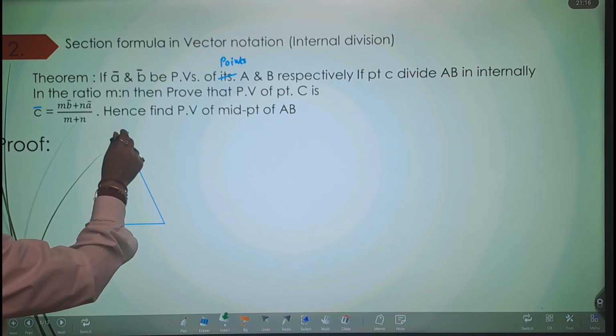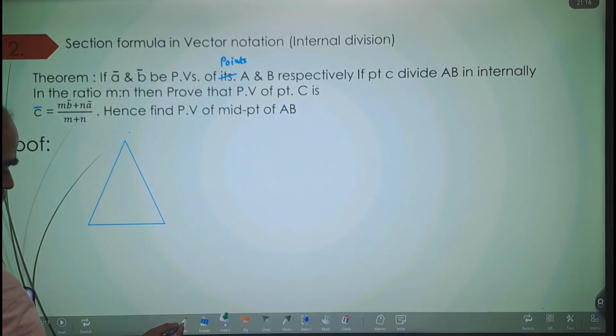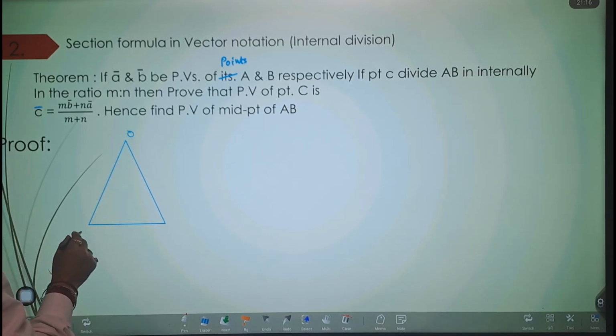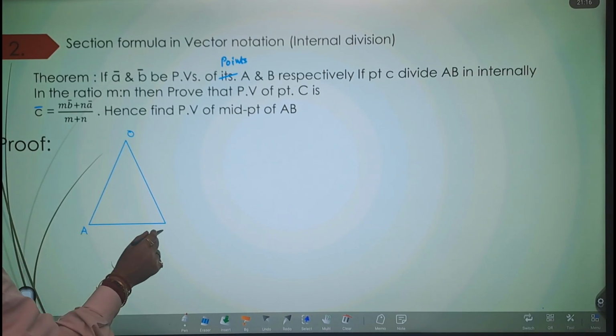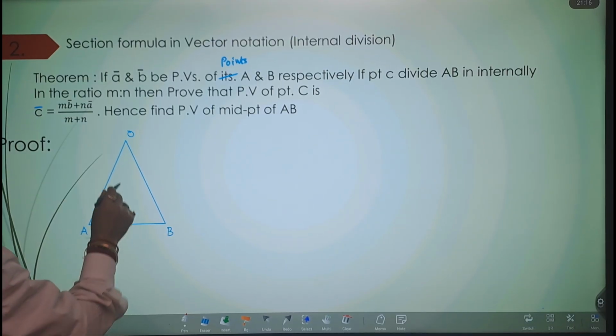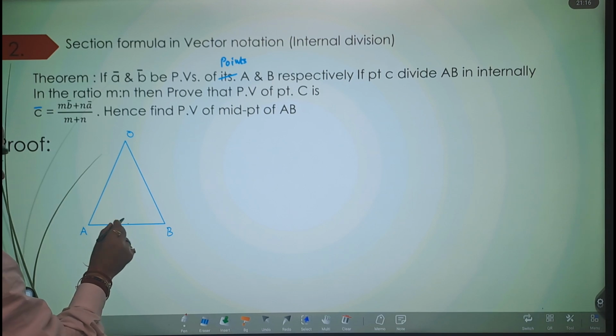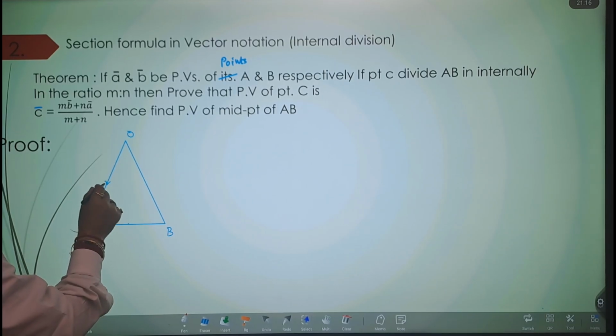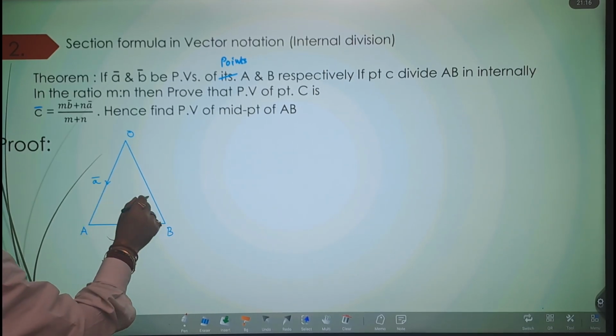This is O, A, B. Position vector of point A is what? A bar. That is OA bar is A bar.